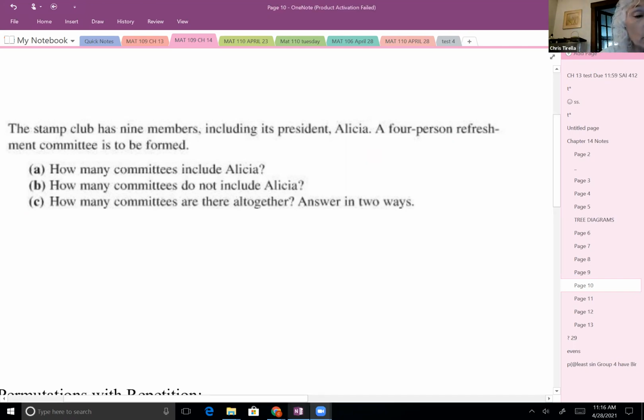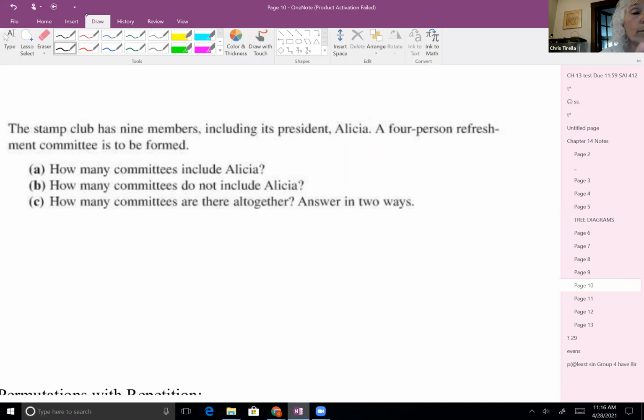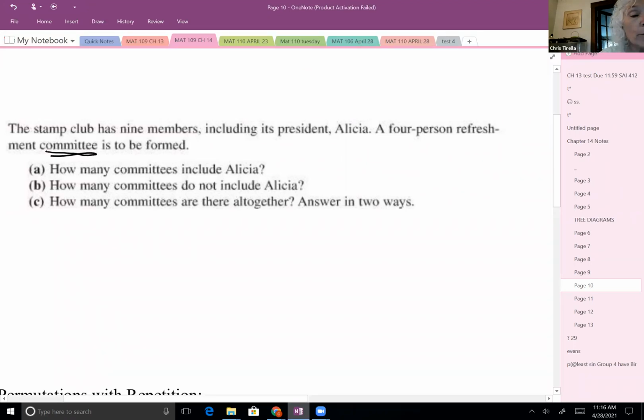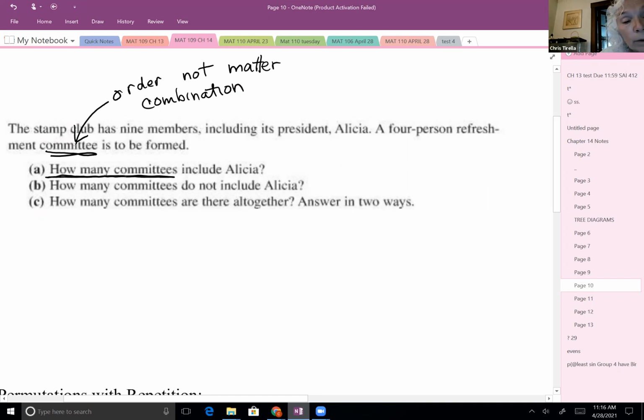Well, general rule of thumb, for a committee, order does not matter. So we're going to use a combination. Second thing I want to notice is this says how many. Since it says how many, they're telling me that my answer is a counting number, so it won't be a fraction.